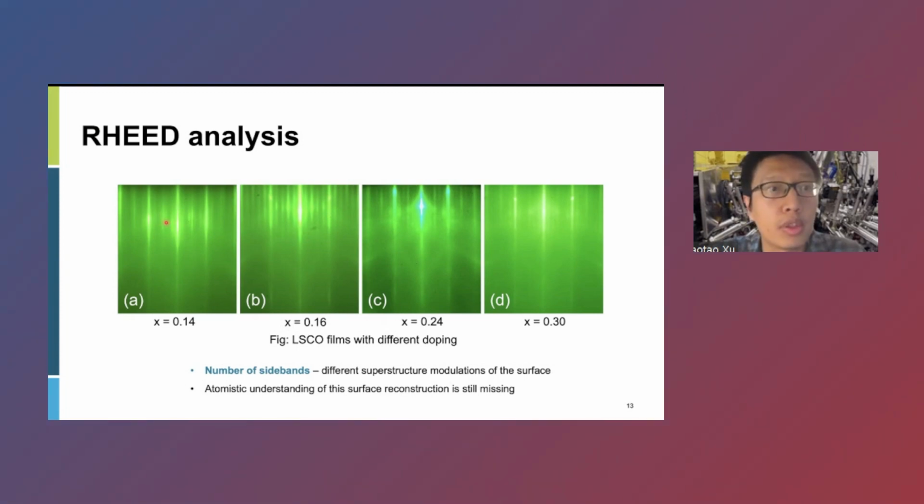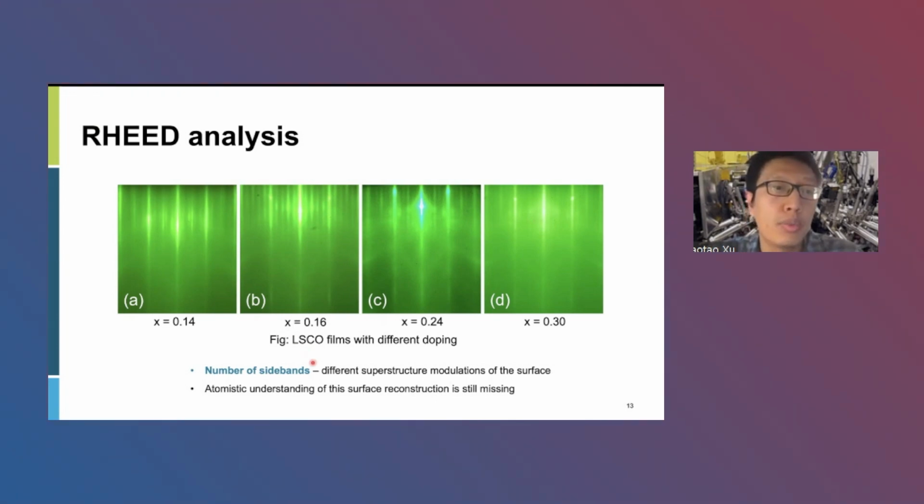For example, for 0.14, it's a slightly underdoped sample. The sideband looks like a 1 + 3 + 1. For an optimally doped sample, there are 4 evenly distributed sidebands. And for an overdoped sample, normally that is 5 evenly distributed sidebands.